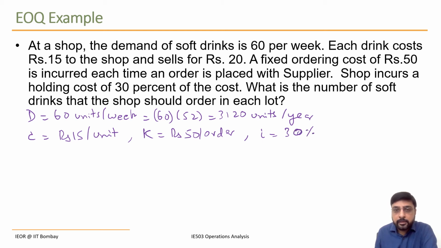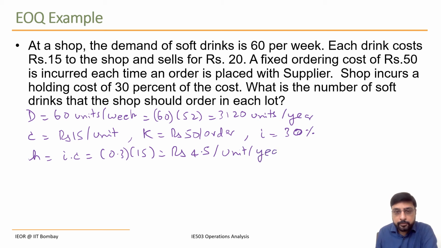Remember, I is the annual interest rate. So using that, we can compute our H, which is nothing but I into C, which is 0.3 into 15, which is rupees 4.5 per unit per year.